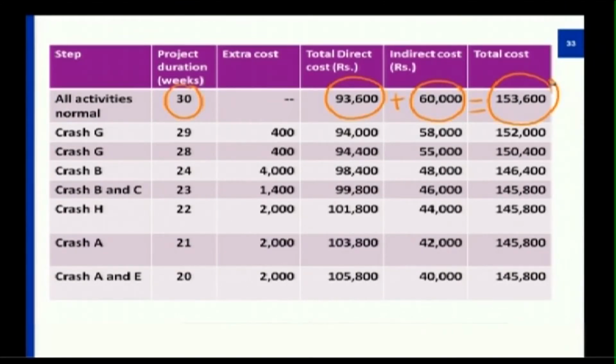1,53,600 per week. Whereas when the customer asks if it can be reduced to 24 weeks, the total cost will be calculated here. The customer can even pose a question of whether it can be brought down to 25 weeks, so something in between. Since we have directly reduced from 28 weeks to 24 weeks in terms of B, we have not indicated 25 here.